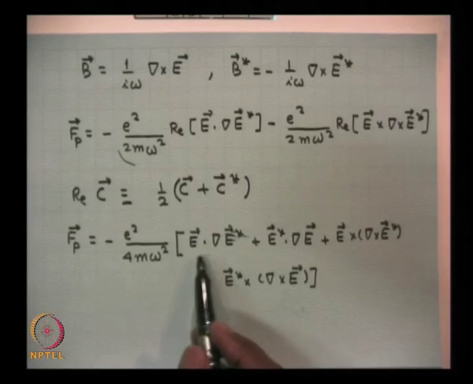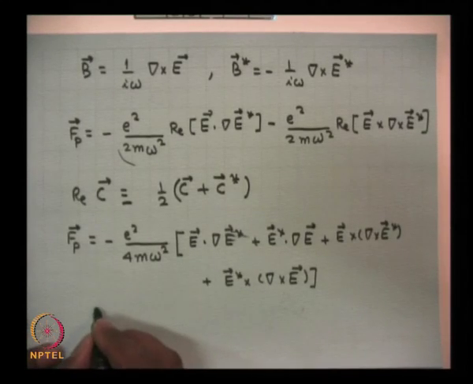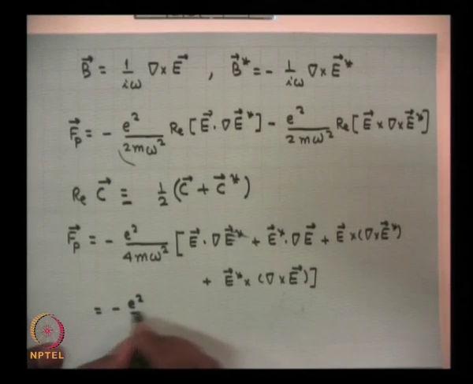Now, please put this E in terms of A, then this can be written simply as minus E square upon 4m omega square.